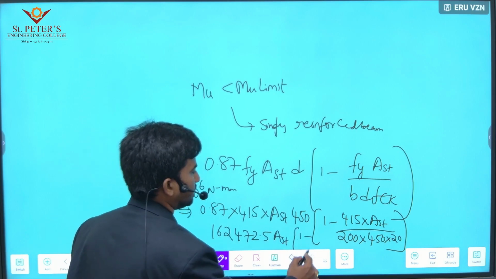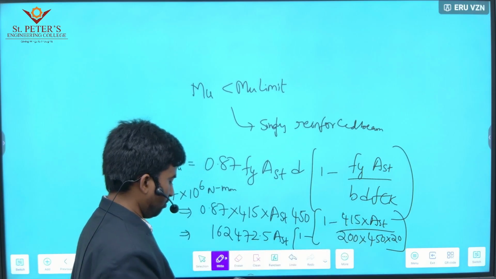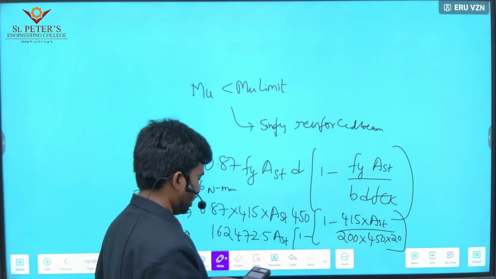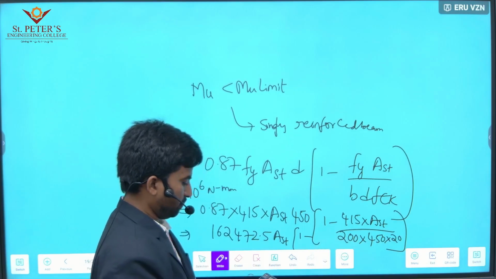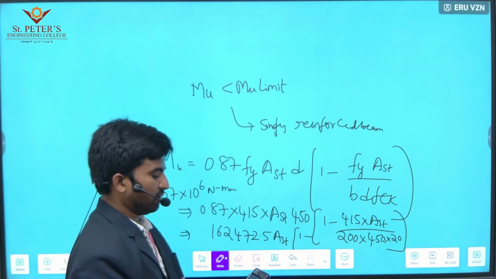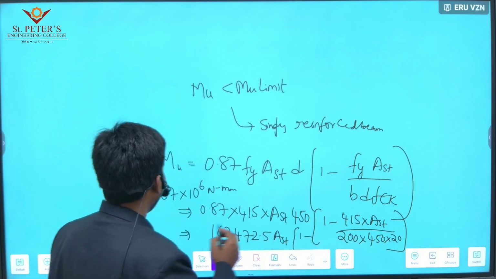1 minus, here the total value 415 divided by 200 multiply with 450 and again multiply with 20, you got the value 2.30.